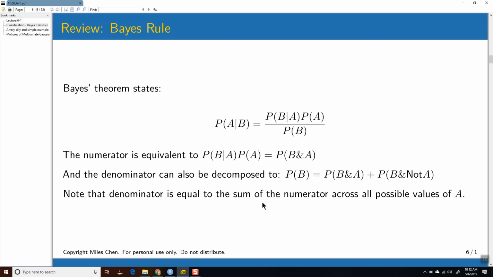So one thing you can note is that the denominator is equal to the sum of the numerator across all possible values of A. A can either be A or not A. If you take the numerator where it's A, you get the probability of B and A. If you take the numerator where A is its complement, you get the probability of B and not A. So the probability of B is just the numerator summed across all possible values of A. That comes in handy later.